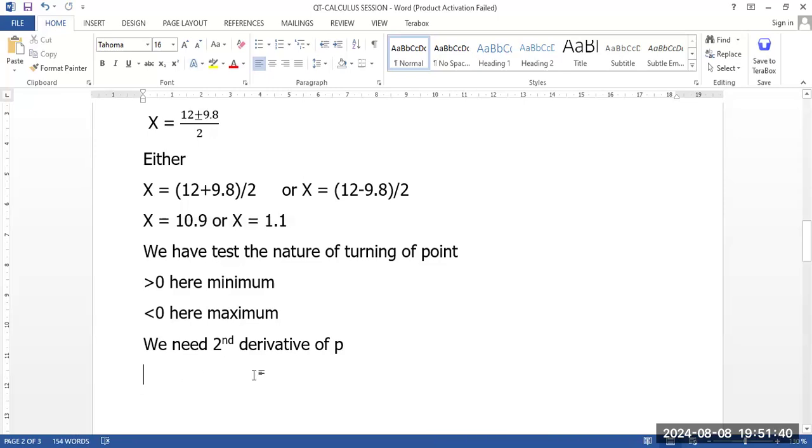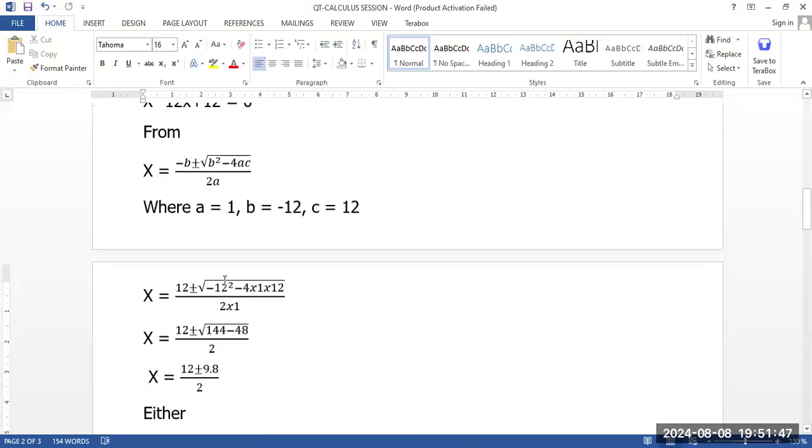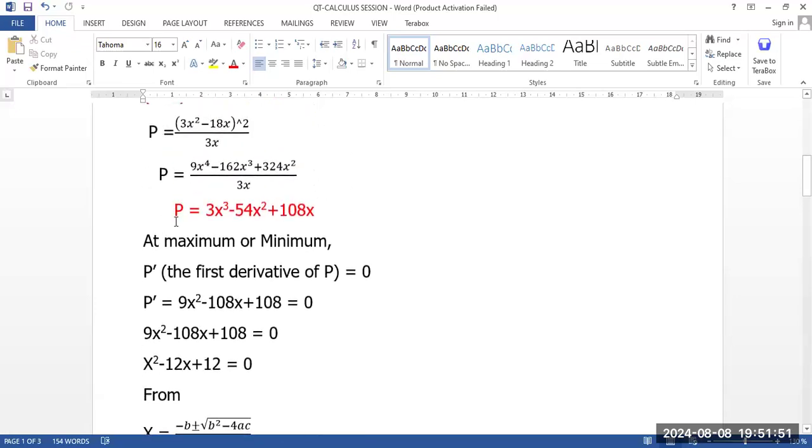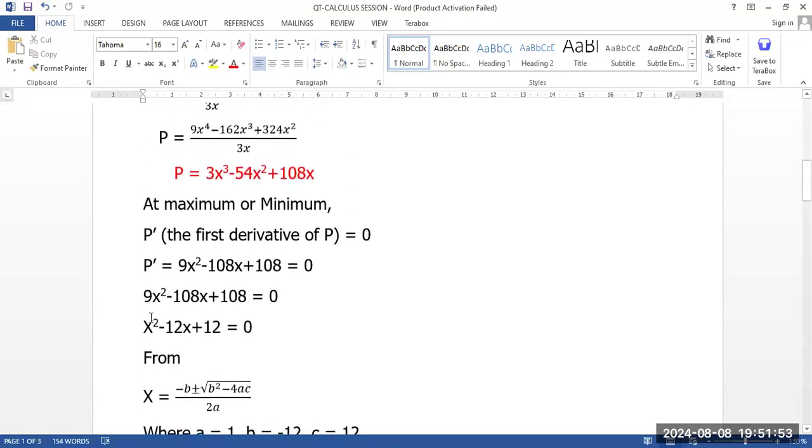So what you are going to do is, remember your first derivative was what? This was our first derivative. I think this is our second derivative.